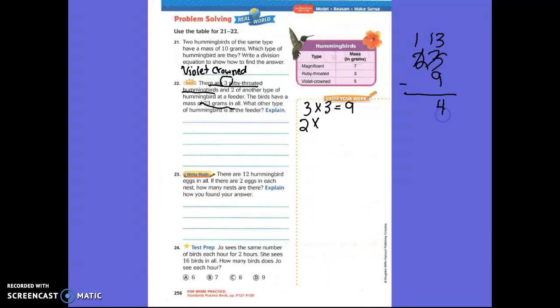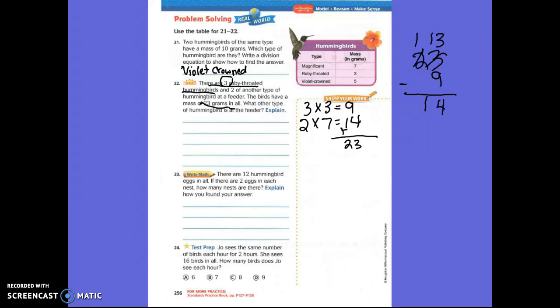And then 14. Okay, what bird, if you added it twice, would equal 14 then? Magnificent. And that would equal 14. Then we know, does 9 plus 14 equal 23? Yes. Okay.